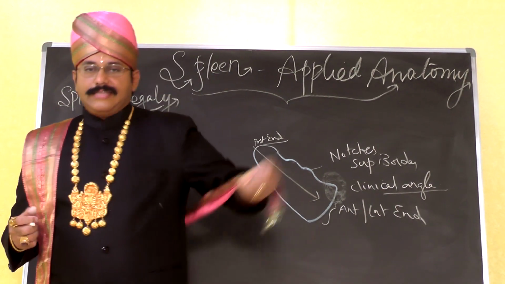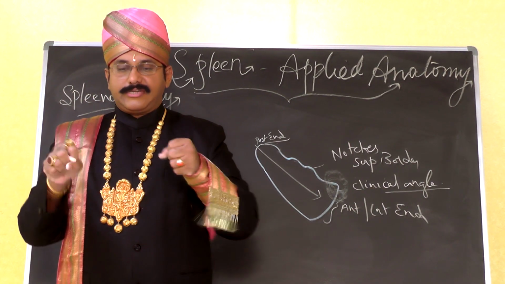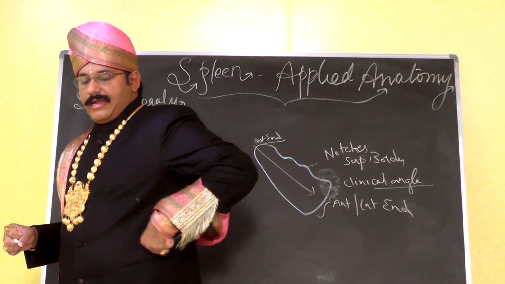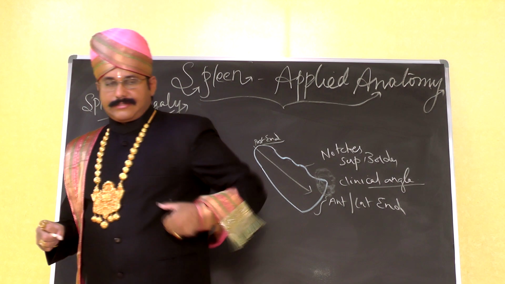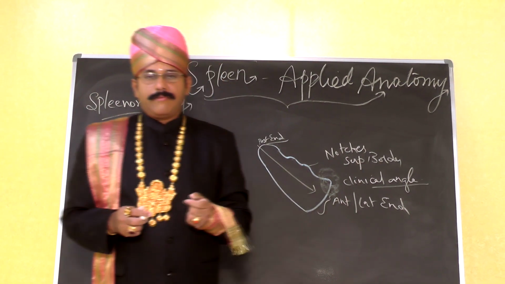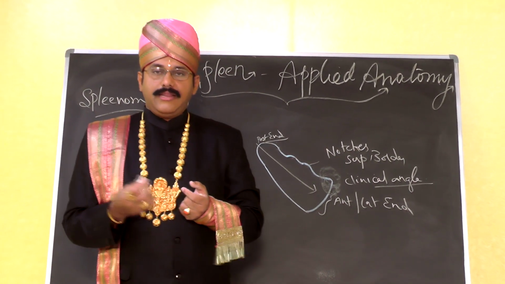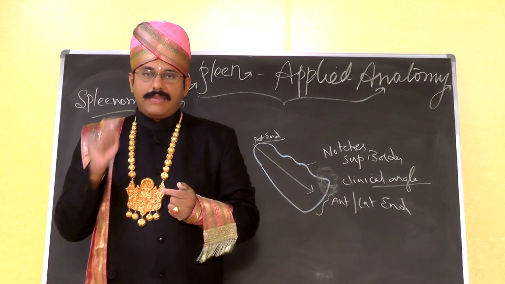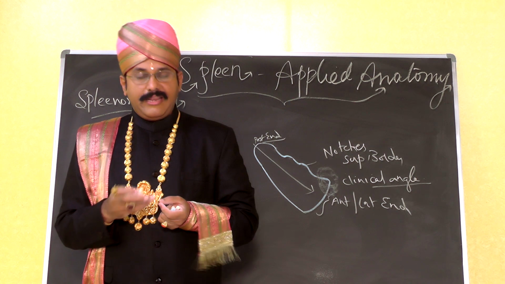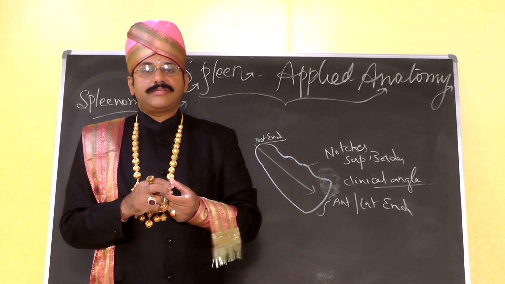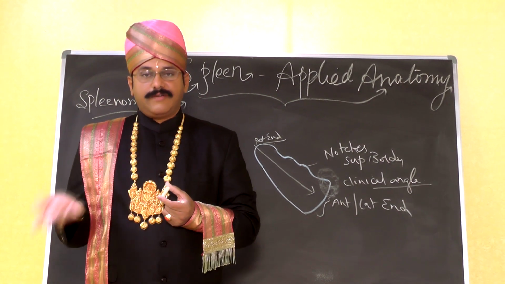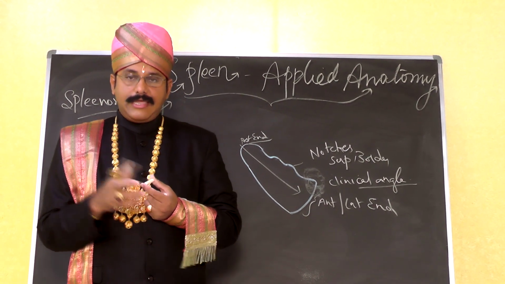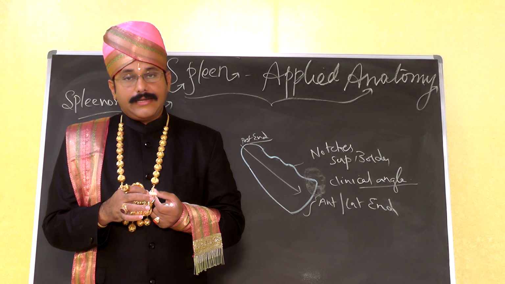Imagine a person driving a two-wheeler and a lorry or four-wheeler hits his left thorax, his left chest. The 9th, 10th, 11th ribs get broken, and these broken ribs can pierce the spleen and cause splenic rupture. The patient presents with shock because of internal hemorrhage. You have to take up this case as an emergency and go for splenectomy.